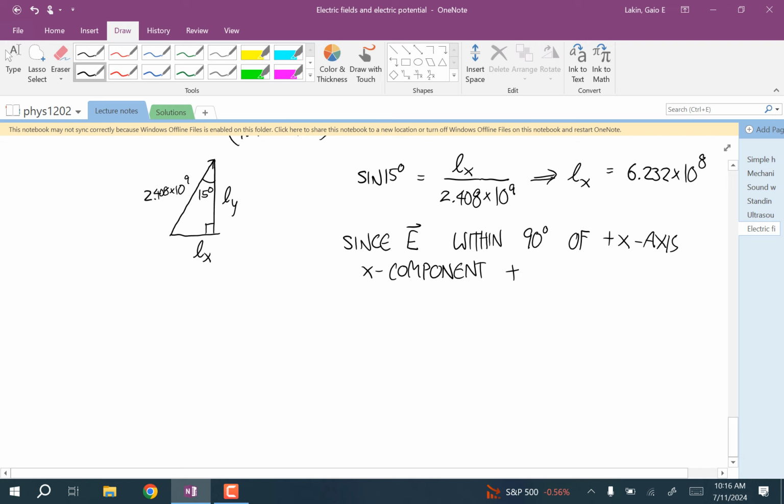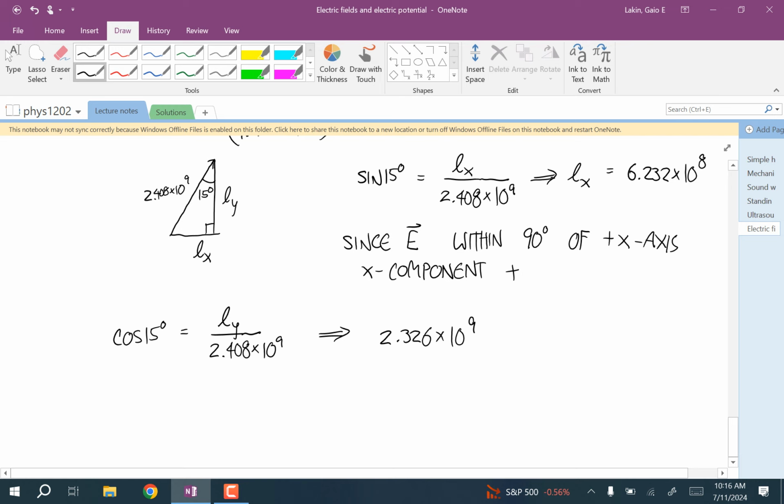And now what about Ly? Well, we know that the cosine of 15 degrees is equal to the adjacent over the hypotenuse. So it's equal to Ly over 2.408 times 10 to the 9th. And you get, for that, 2.326 times 10 to the 9th.